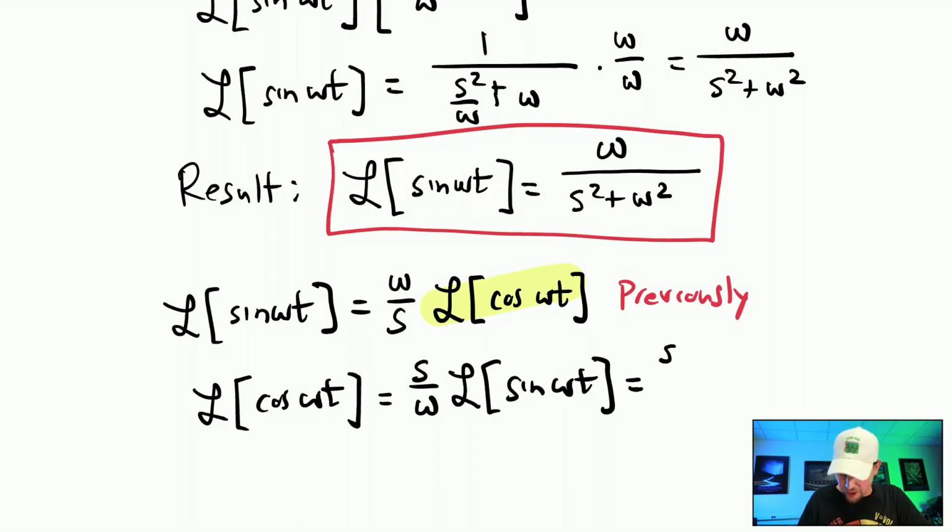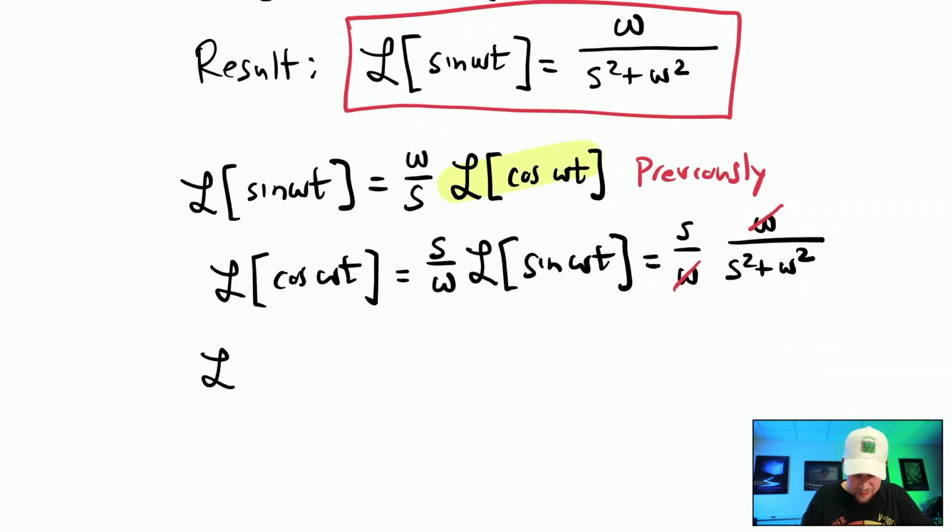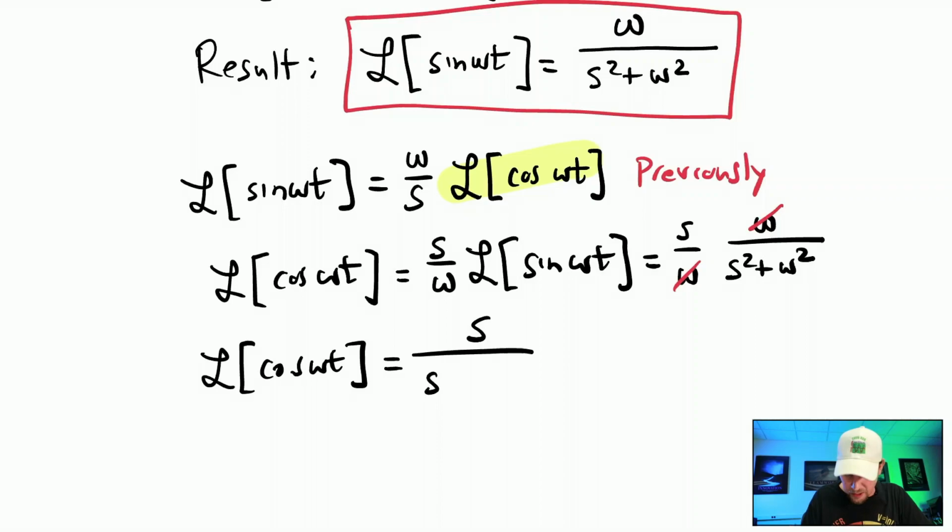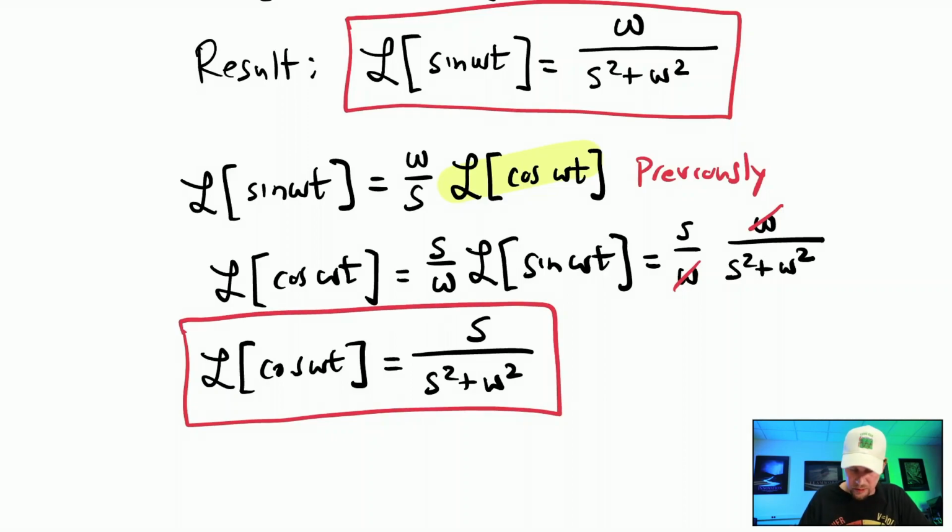But the Laplace transform of sine omega t we found was omega over s squared plus omega squared. Now take a look at the beauty here. This omega, that omega cancel out. That s comes along for the ride. So the Laplace transform of cosine omega t is equal now to s divided by s squared plus omega squared. This was another major result that we almost get for free.